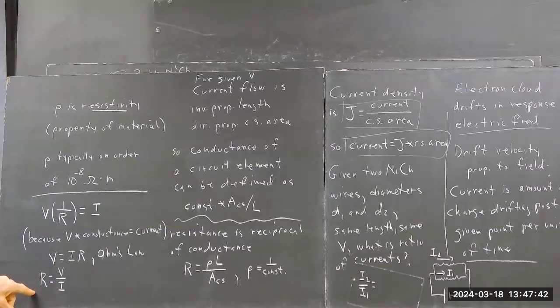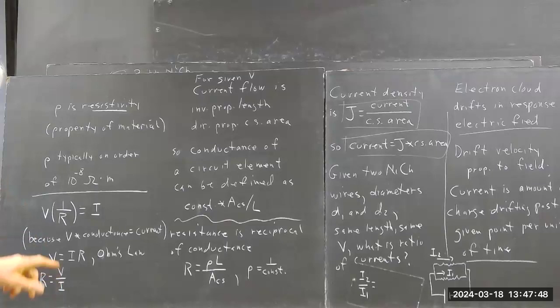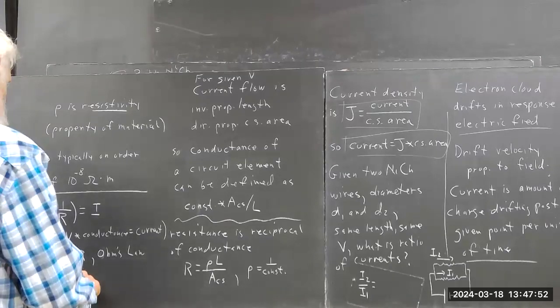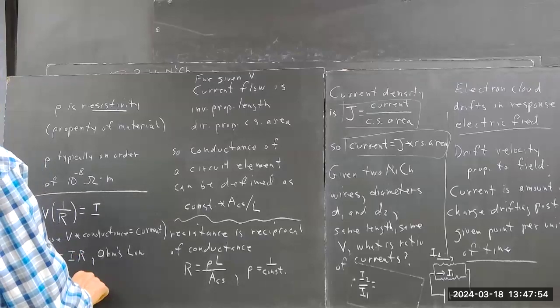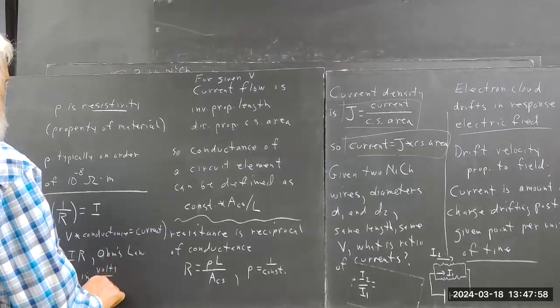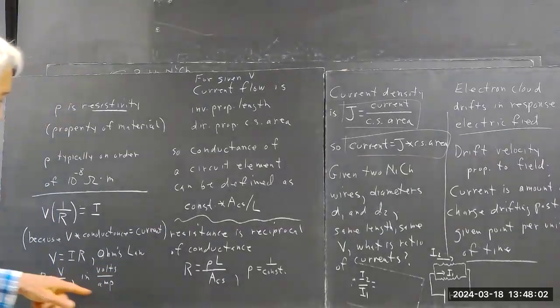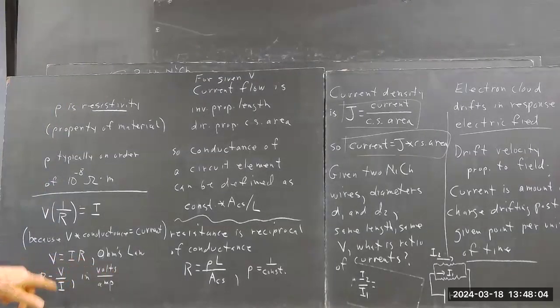If you want to get the resistance of a circuit element, you put a voltage across it and measure the current. Divide the voltage by the current. The unit of current is the ampere.